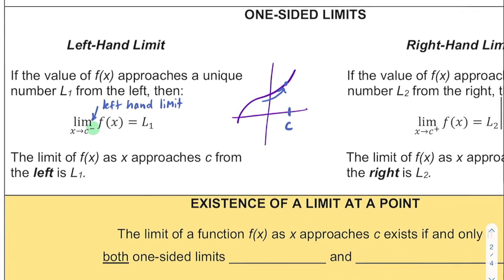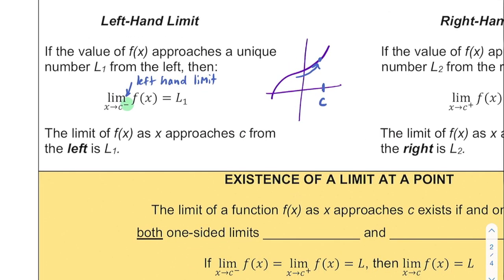Here's how this reads, which I wrote out below: the limit of f of x as x approaches c from the left is equal to L1. We're going to say this value is L1.